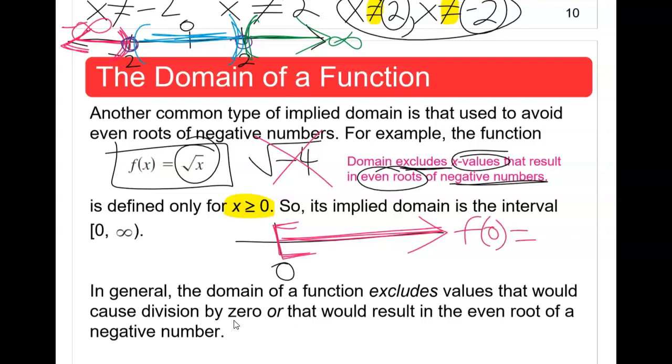If we substitute the 0 where the x is, the square root of 0 will give me 0. So that's why we still include 0, as you can see here on the interval, and infinity. With infinity and -infinity, you always use parentheses because those are not set numbers. We're just using them as a symbol to indicate that it's more of a concept and not a set value.